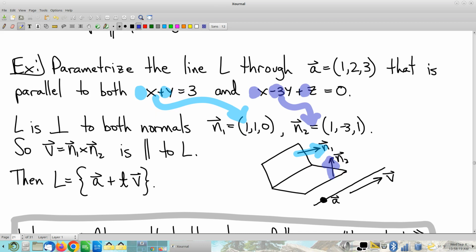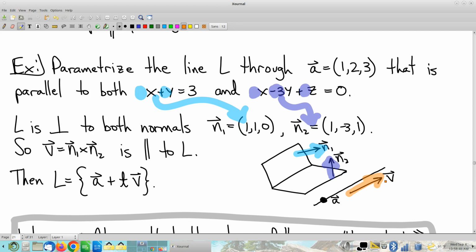What do I want? I want a parameterization. Well, if you think about it, what that means is I need a direction vector. I need something that I can use to define this direction, which combined with this A will allow me to write down a parameterization. So again, I was given some algebra. I want other algebra, but thinking geometrically, I was kind of given two vectors, and I want this other vector.